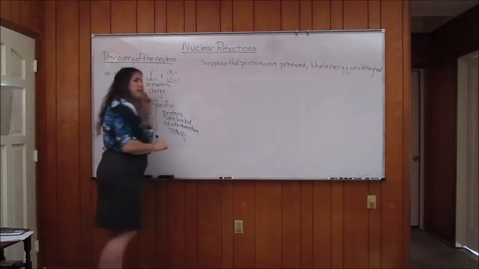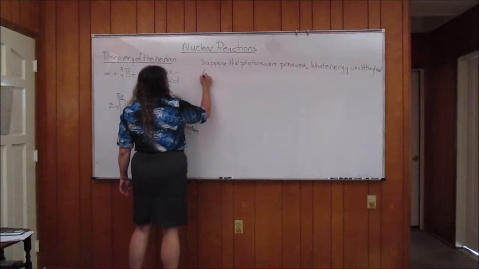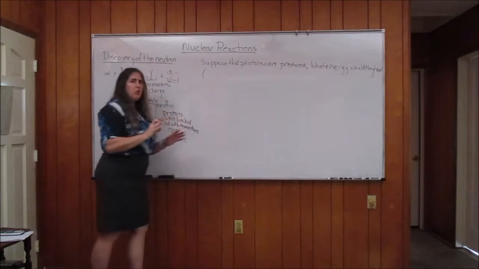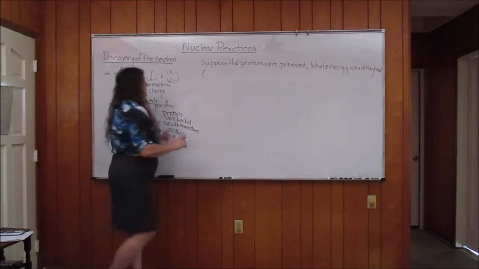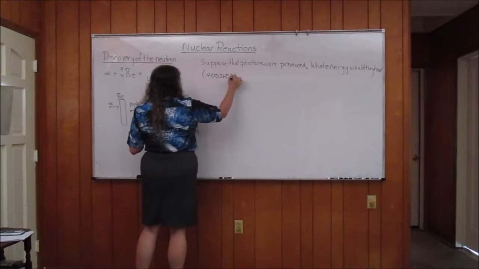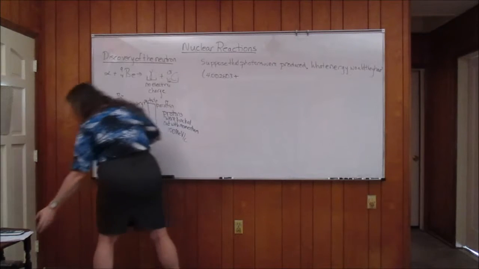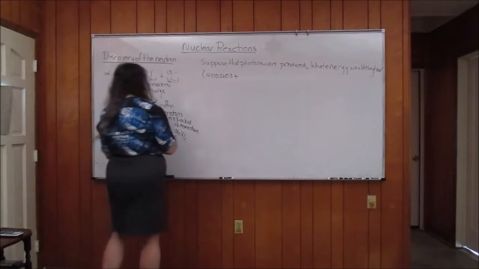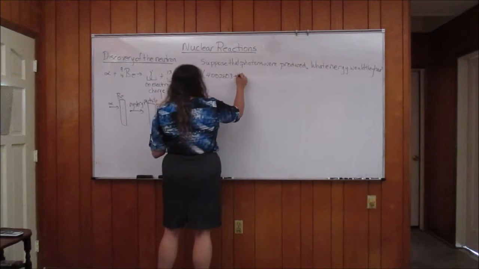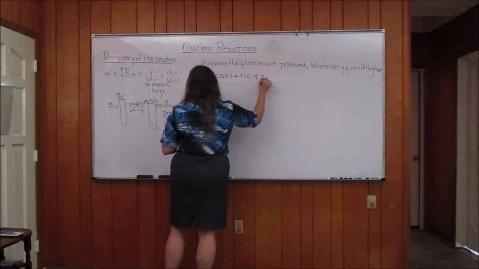To figure that out, I'm going to look at the masses of each of these. The mass of the helium atom, or helium nucleus, but remember we always work in atomic masses, is 4.002603. The mass of beryllium-9 is 9.012183.